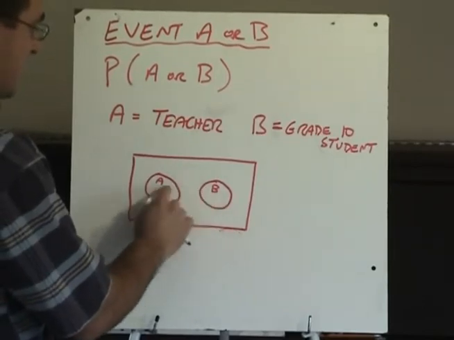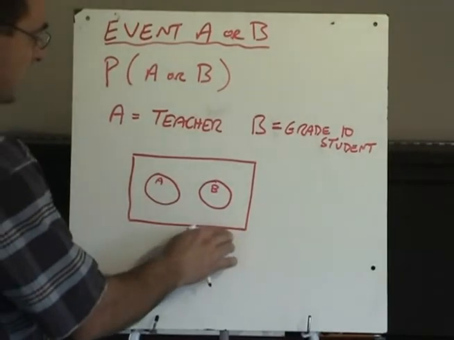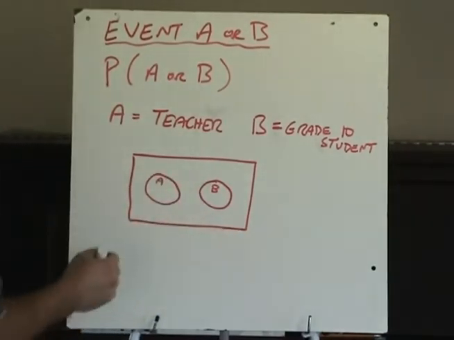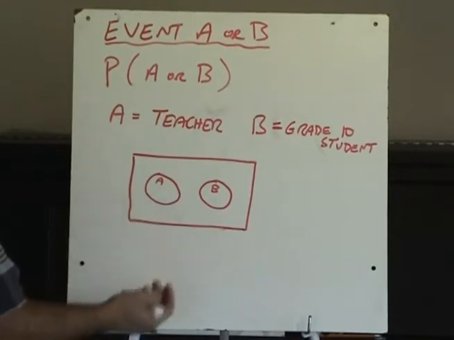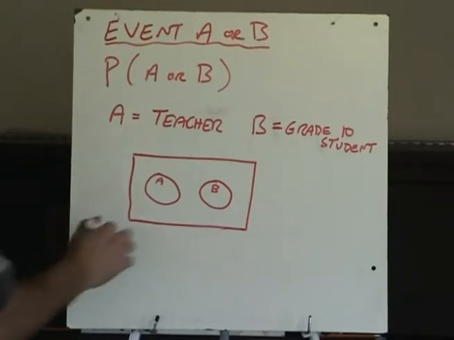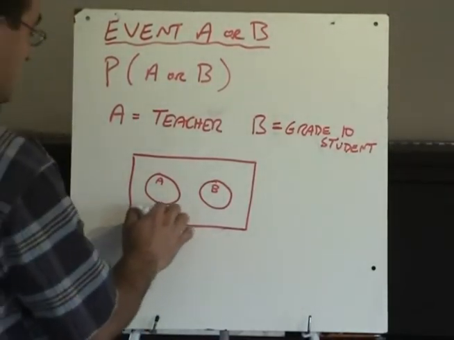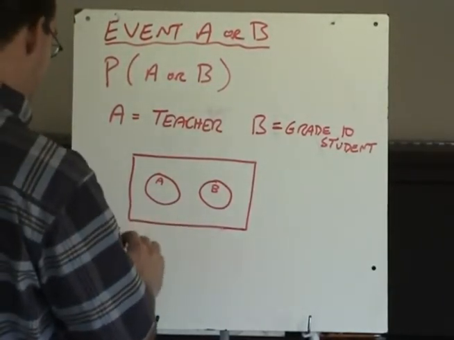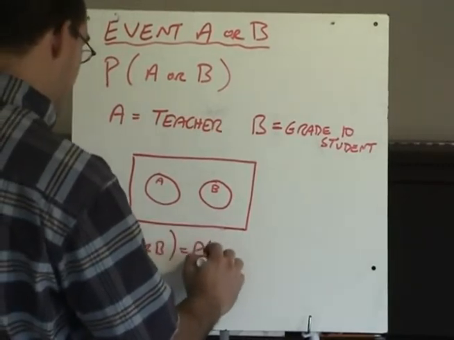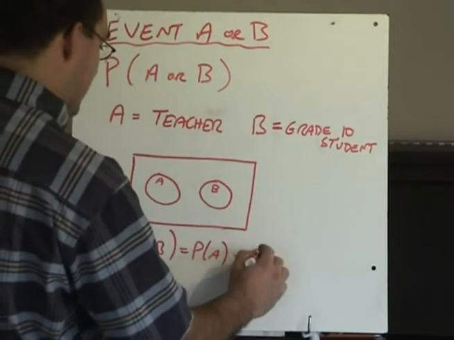So they would be mutually exclusive events. And all the people outside of these two circles would represent all the other students in the school, all the administration and custodial staff, secretarial staff, and so on. So the probability of A or B would simply be the probability of A plus the probability of B.